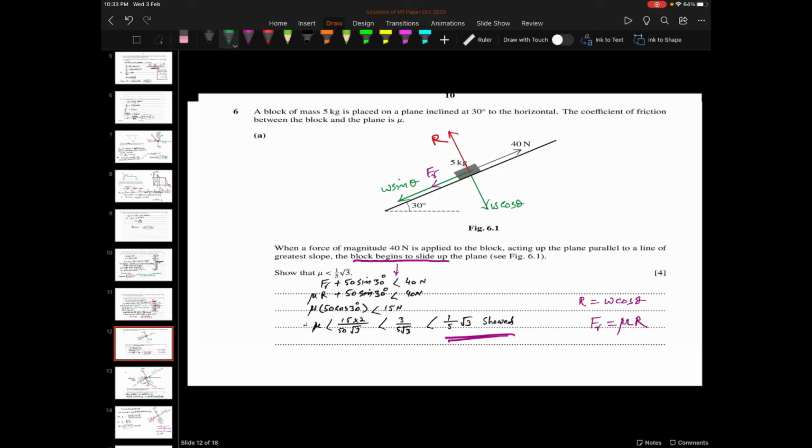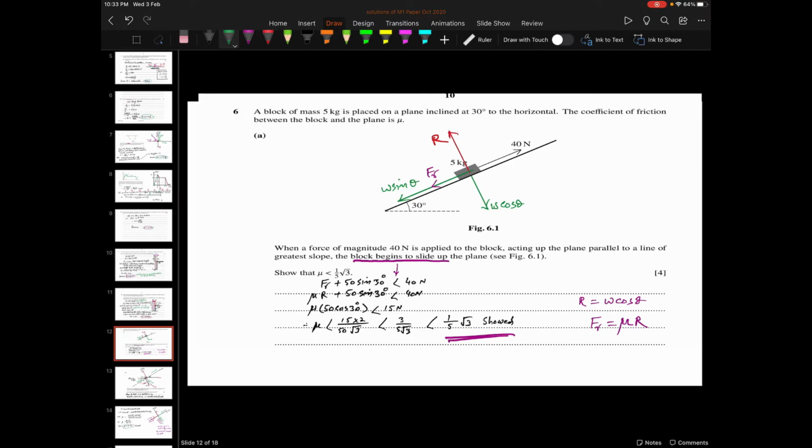Here R is the normal contact force and W sin theta and W cos theta are the components of the weight of this block. W sin theta is always acting down the plane, while W cos theta is used to balance the reaction of the normal contact.